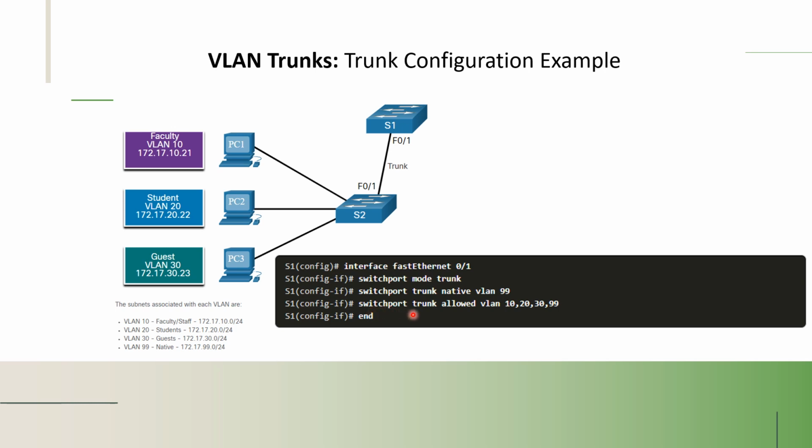By using switchport trunk allowed vlan, you are allowing this trunk to forward traffic for VLANs 10, 20, 30, and 99.